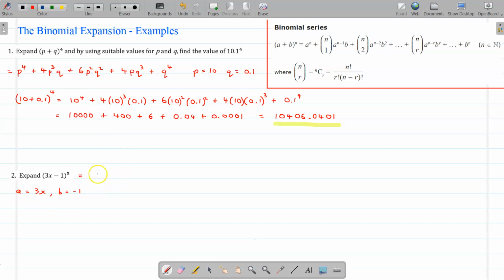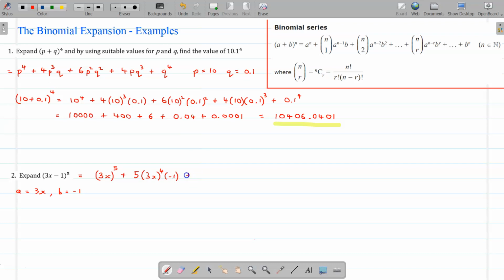So it equals 3x to the power of 5. That's our a to the 5. Then it's 5c1, which is just 5, and then it's 3x to the power of 4. Notice that I'm raising both the 3 and the x to the power of 4, times the minus 1.